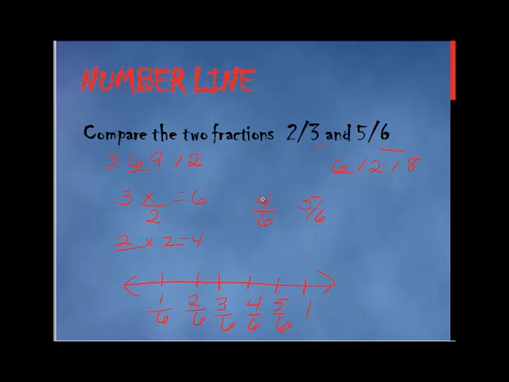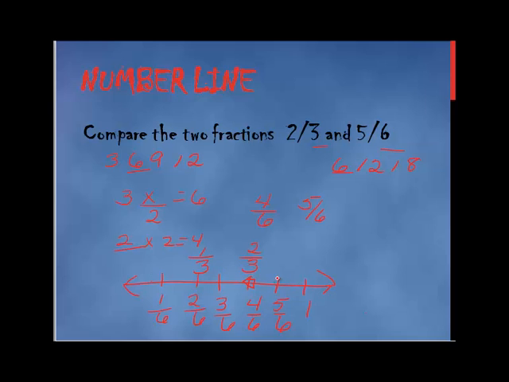Now we will put 2/3 on the number line. Well, we know that 4/6 is an equivalent, so we can write 2/3 on the top. And we know that 2/6 is 1/3. So let's mark them.